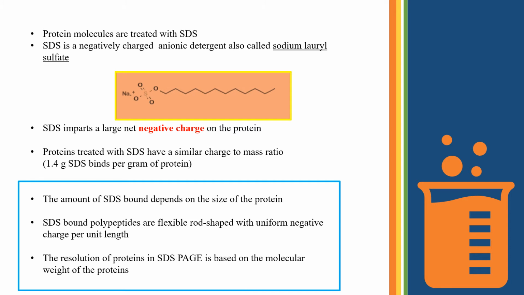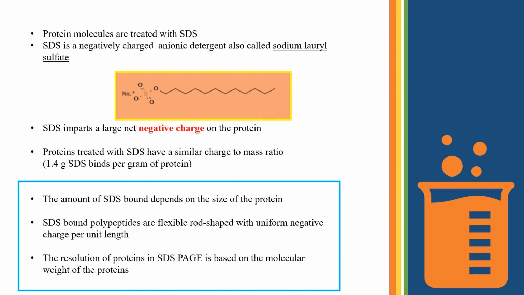It imparts a large negative charge and masks the native charge of the protein. As a result of this negative charge, the protein molecules move towards the positively charged electrode.